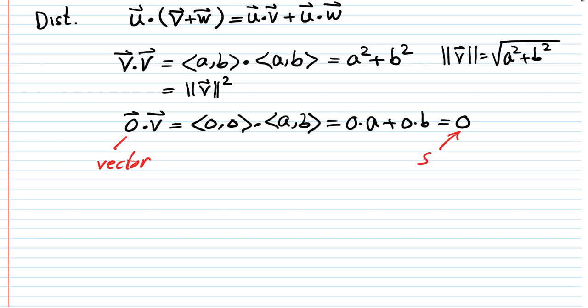This is a scalar 0. They are two different things, folks. See, it doesn't have an arrow on top. So this is a real number. Whereas the zero vector is a vector whose magnitude is 0 and its direction is any direction you want it to be. You simply have just the tip of an arrow. That's all you have.